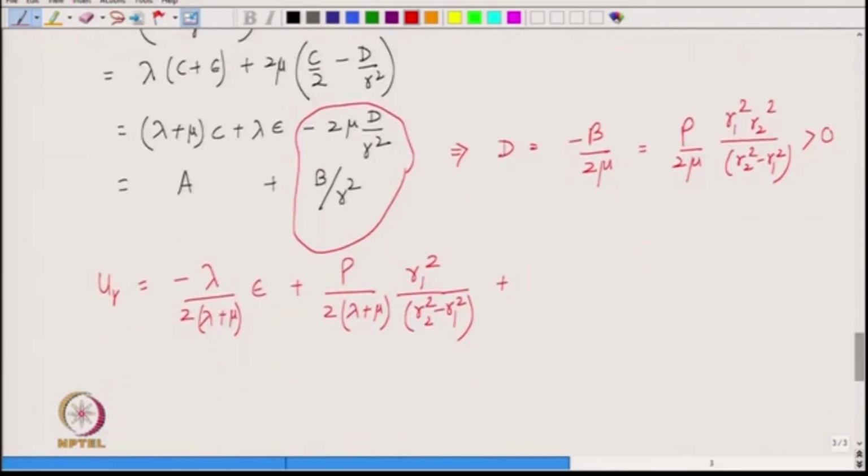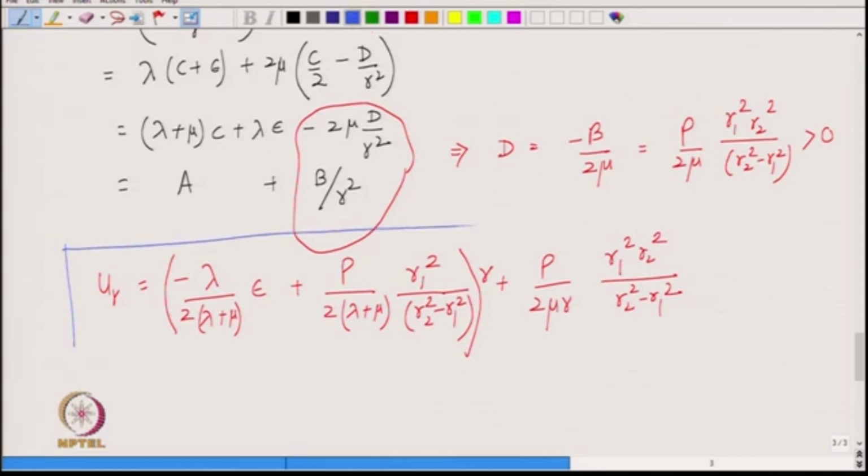So, when you do plus d by r, we get p by 2 mu r into r 1 square r 2 square over r 2 square minus r 1 square. Okay, and the first two terms we know has to be multiplied with little r, c by 2 into r, all right. So, that is the formula for the radial displacement.